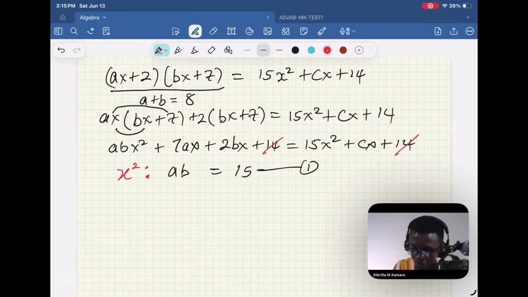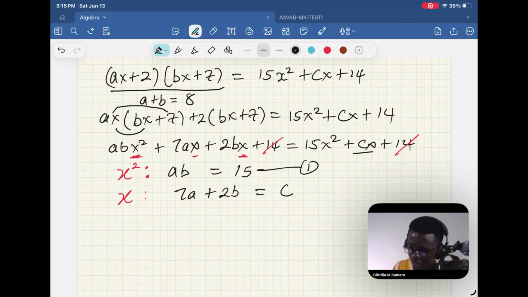Then if we take x, you see these ones, for the left we have 7a + 2b, and on the right we have just c. You've cancelled the x.